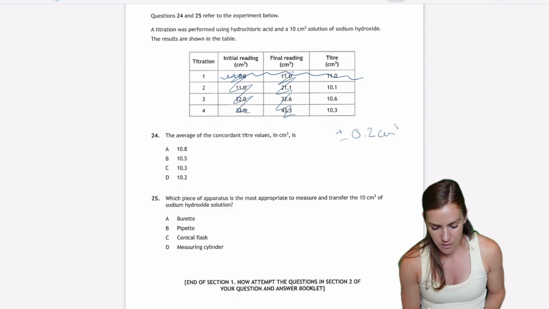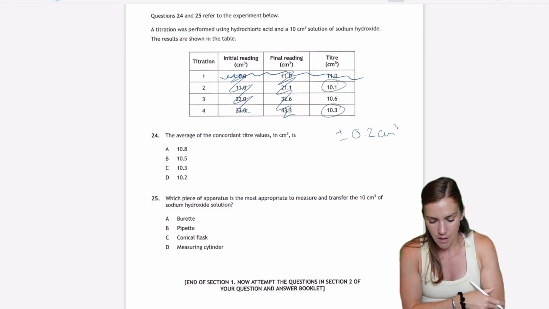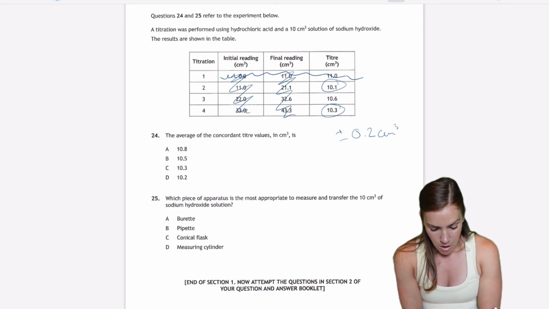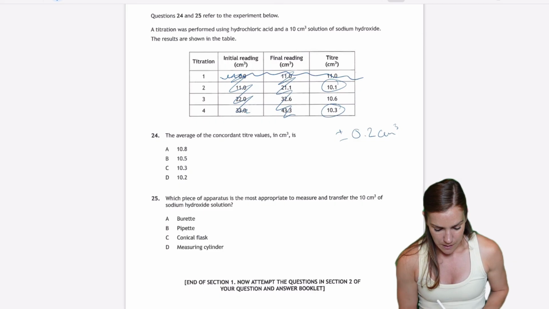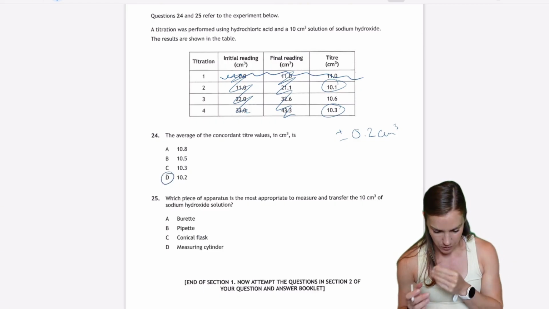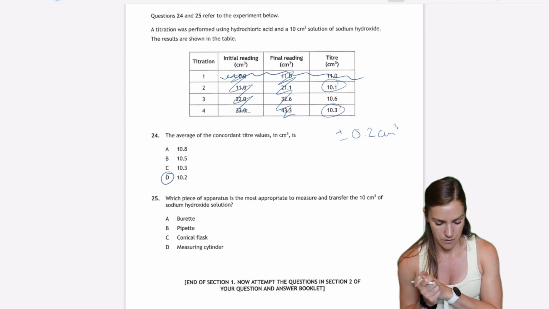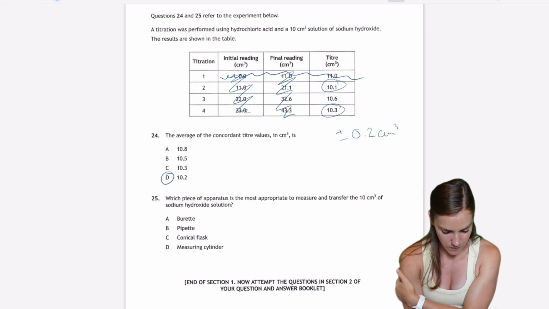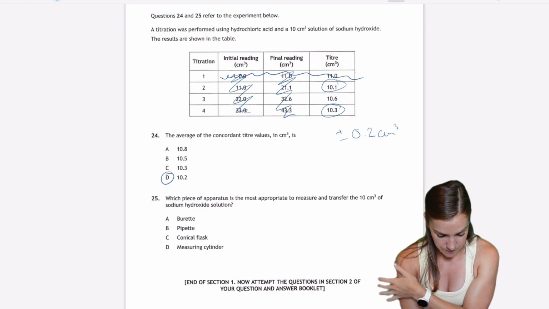So the two that are within 0.2 centimeters cubed of each other are 10.1 and 10.3. So the average of those would be 10.2. So you're just adding them together and dividing by 2. But normally it's quite easy to work out the average of the concordant numbers because it's just right in the middle of the two. So you don't always need a calculator for it.